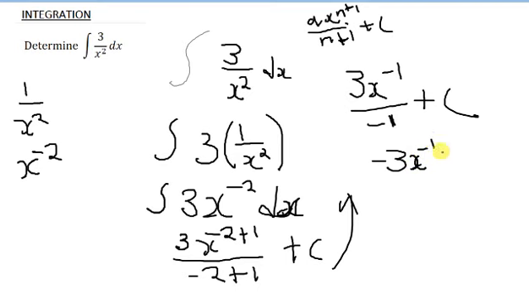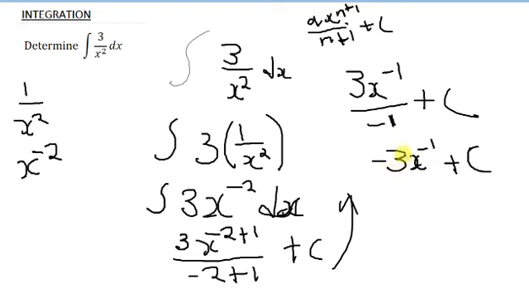Of course, this could be our final answer, but we have negatives all over, so we want to turn this into a positive whole number, the way it is here.